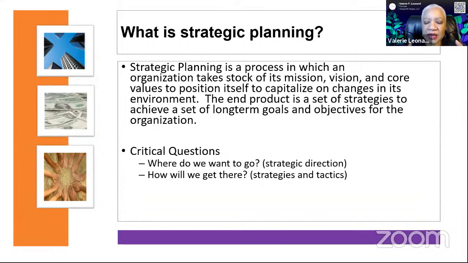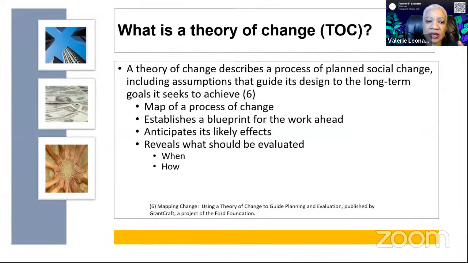But again, before you even get to that point, ideally, you want to engage in a theory of change process, or TOC. So a theory of change describes a process of planned social change, including the assumptions that guide its design to the long-term goals it seeks to achieve. It can also be described as a map of the process. And many people have different approaches, and we're going to share with you three.